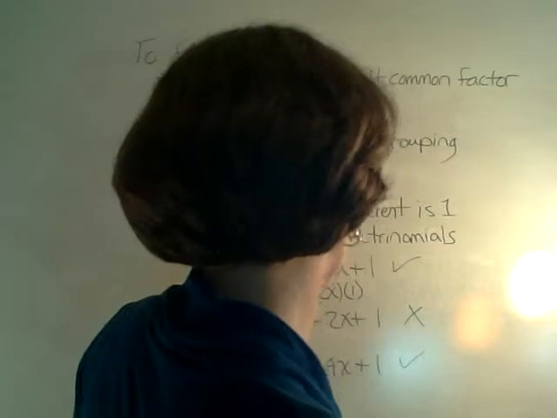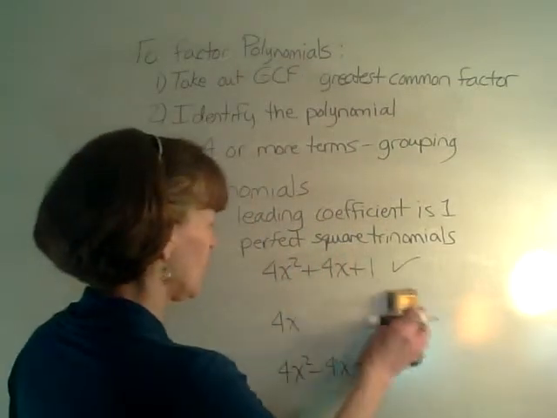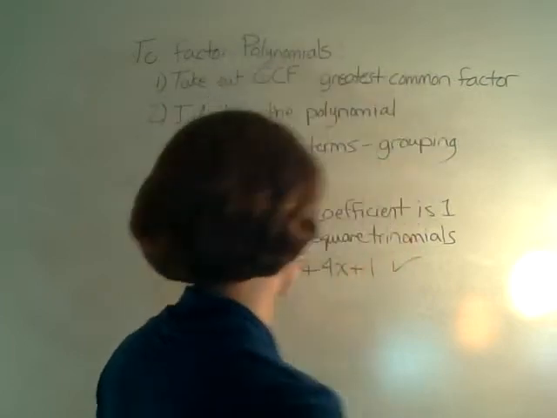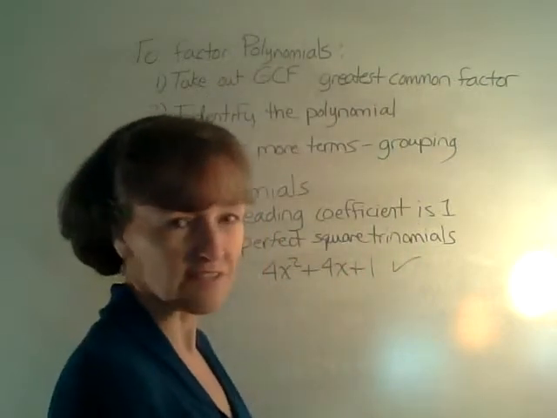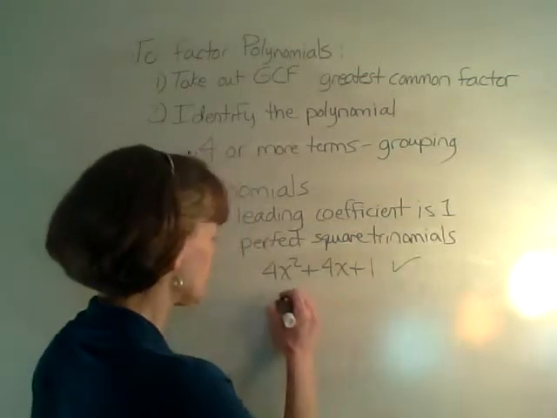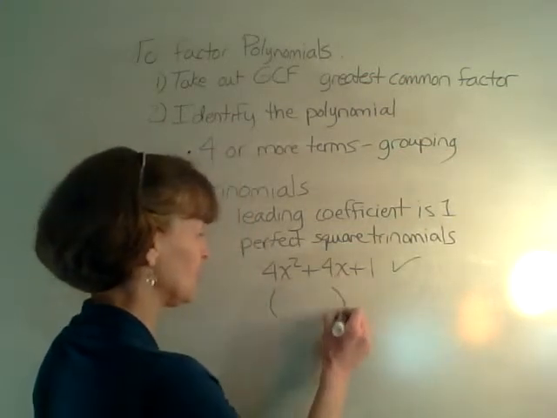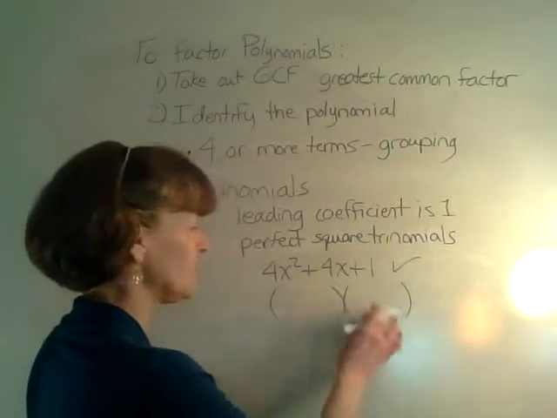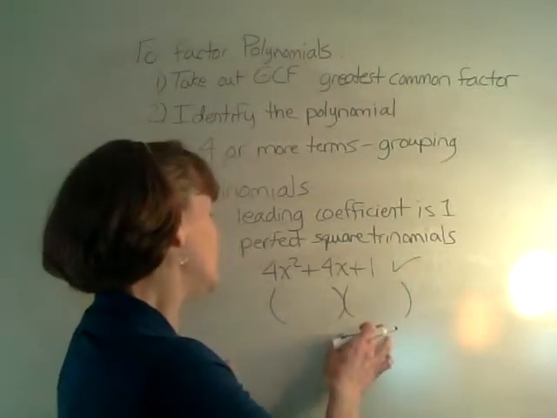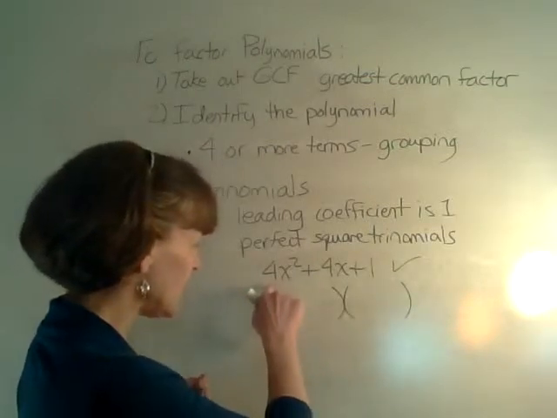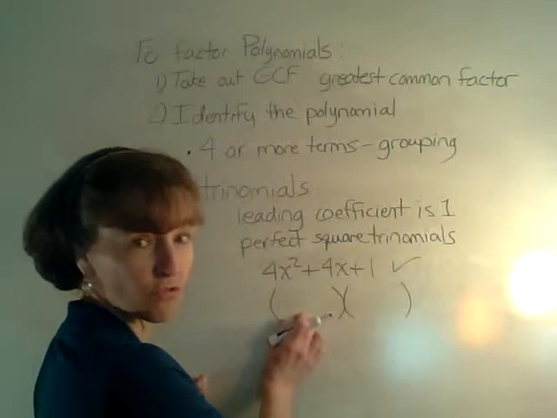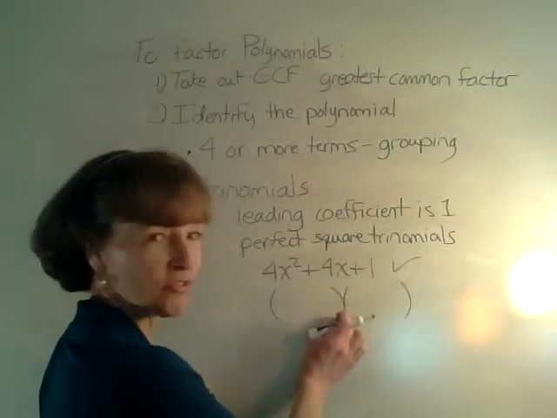Let's factor 4x squared plus 4x plus 1 as a perfect square trinomial. Those are very easy to factor once you recognize that that's what you have, because the factors, first of all, are identical. Even though they're both going to be exactly the same, I'm going to go ahead and write them out. They have the square root of the first term as their first member, and the square root of the last term as their last member.